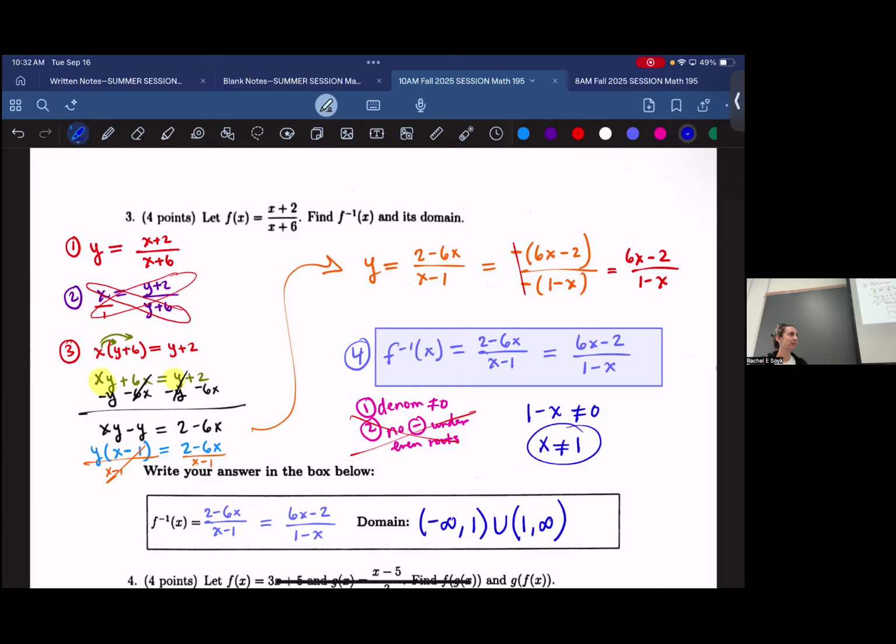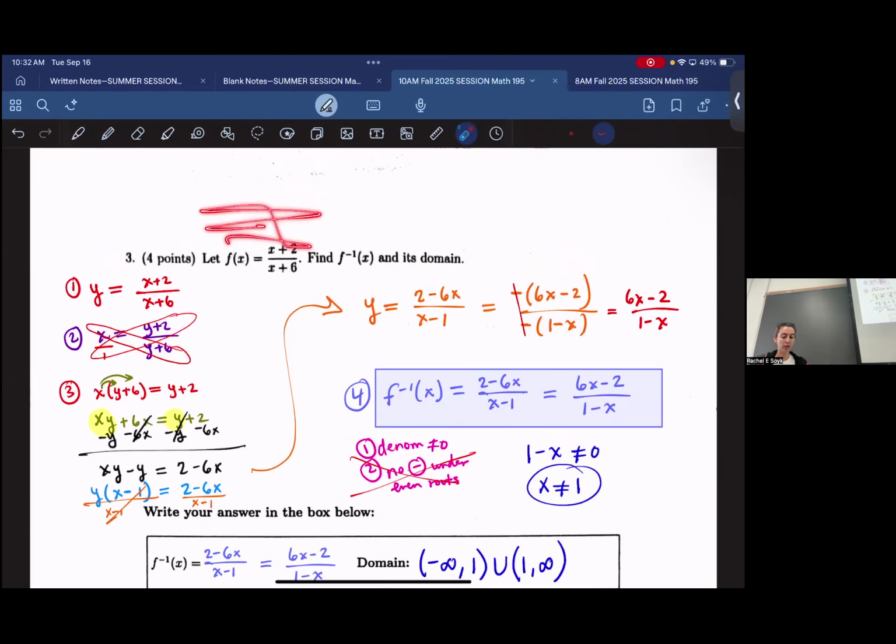Yes. I thought Inca was confused because I thought you had to take into consideration the x plus 6. You don't worry about the first one anymore because it's just asking about the inverse. Yeah, when we're asked to find domain, you don't have to worry about the original function.